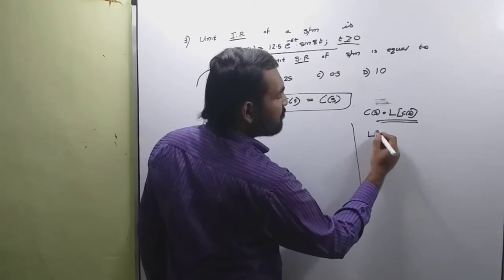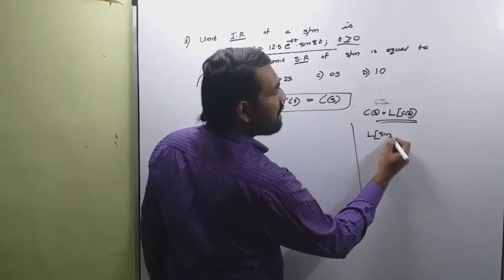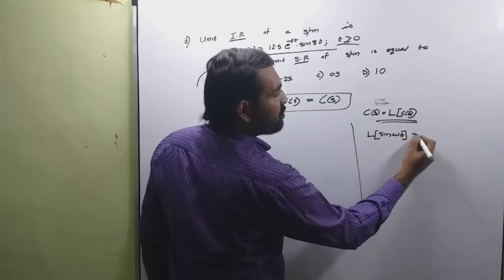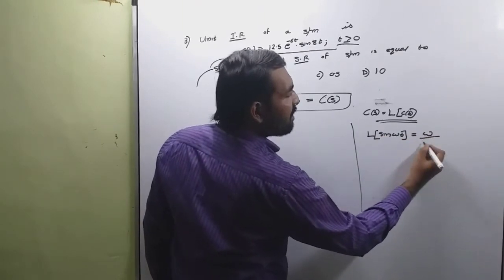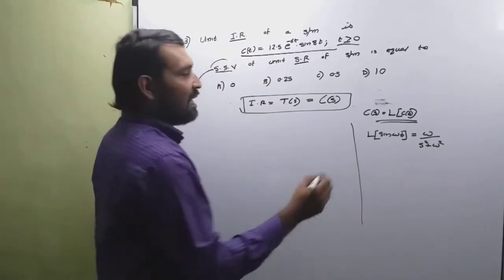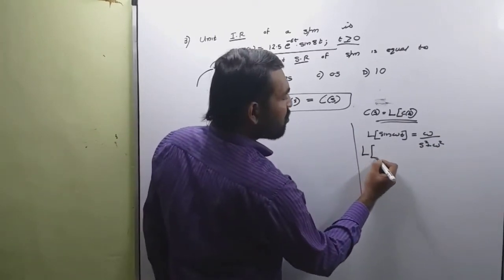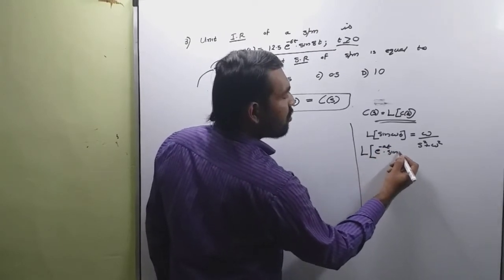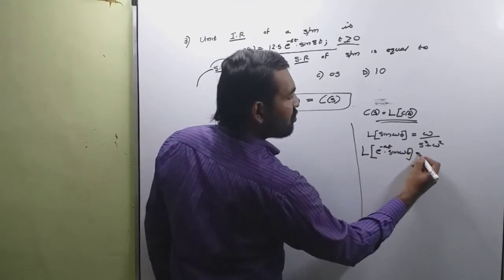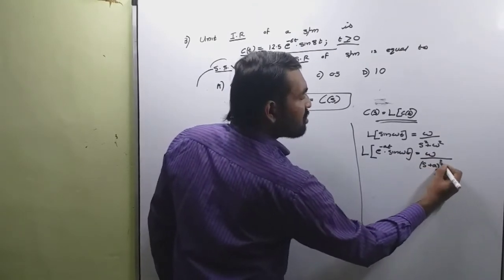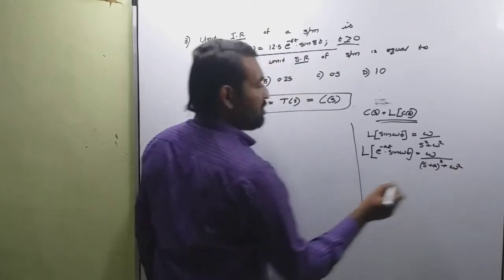The Laplace transform of sin omega t is equal to omega divided by s square plus omega square, and the Laplace transform of e raised to minus a t sin omega t is equal to omega divided by s plus a the whole square plus omega square.